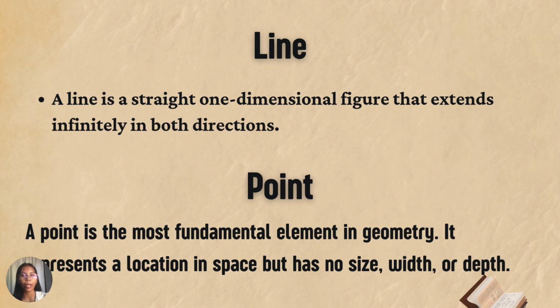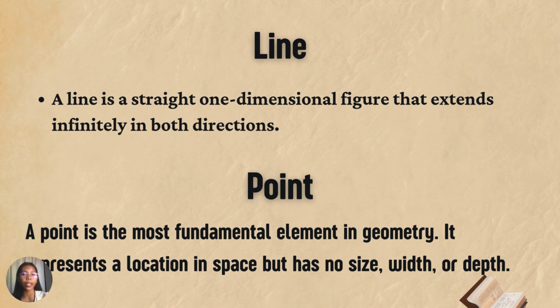Now the point. The point is the fundamental element in geometry. It represents a location in space that has no width, size, or depth. A point is usually labeled with a capital letter: A, B, and C. It is drawn as a small dot on a plane.